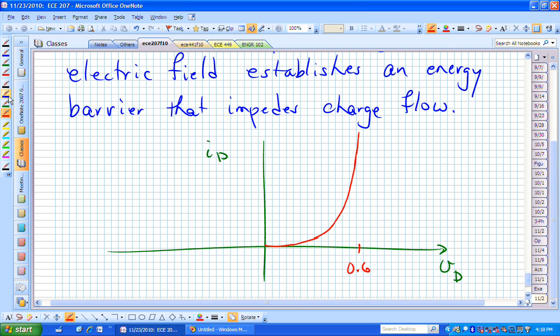And this is the region where we say that particular element is forward biased, or we're in the forward biased region.